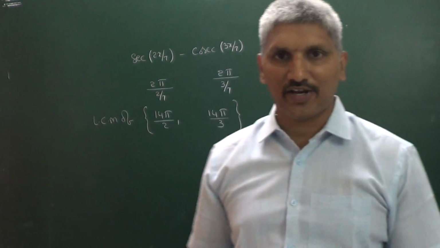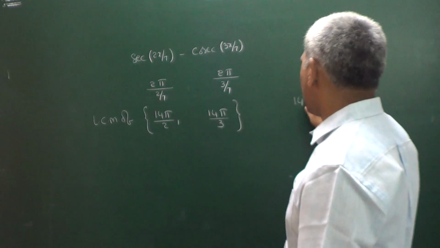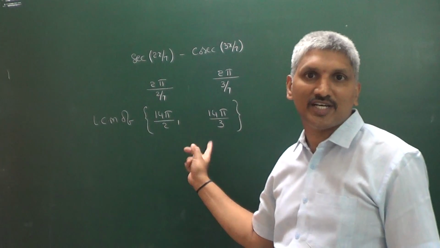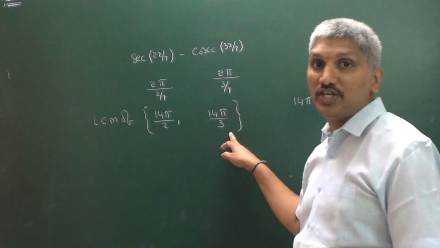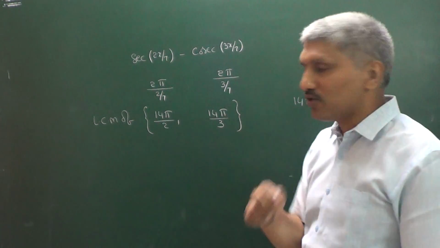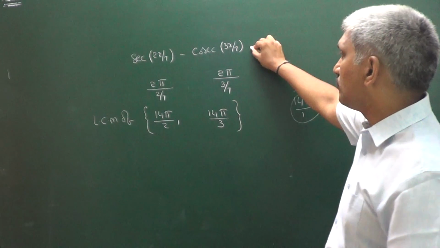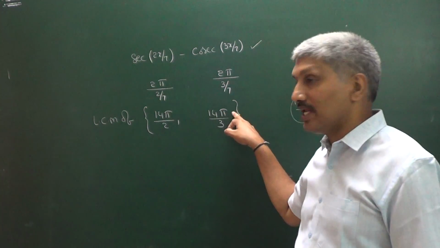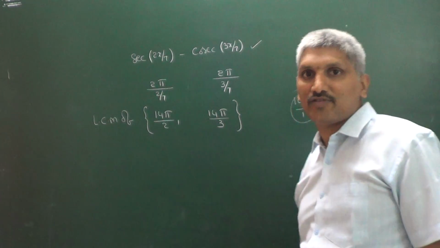Find the LCM of the numerators: the LCM of 14π is 14π only, whereas for the denominators we have to find the greatest common divisor. The greatest common divisor of 2 and 3 is 1 only. That's why 14π by 1. That's why we can say the period of this function is equal to 14π. Observe, numerators LCM, denominators GCD, greatest common divisor we are finding.